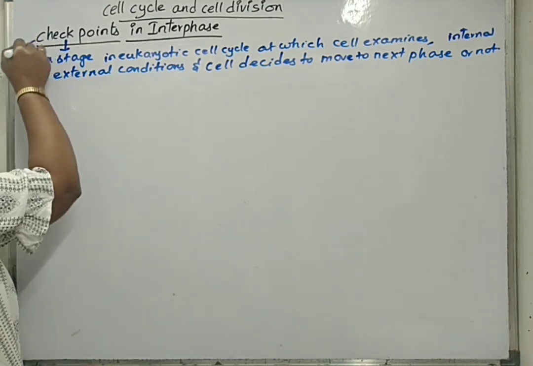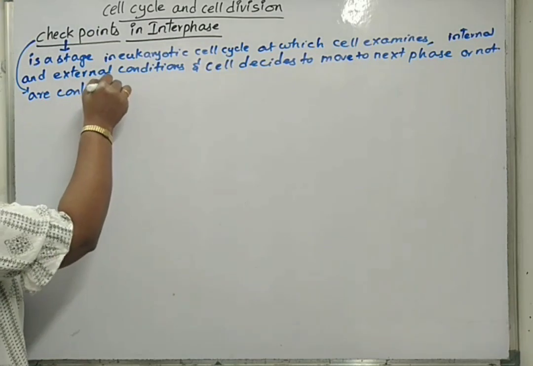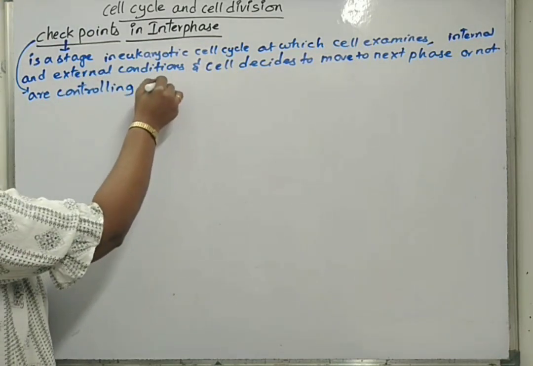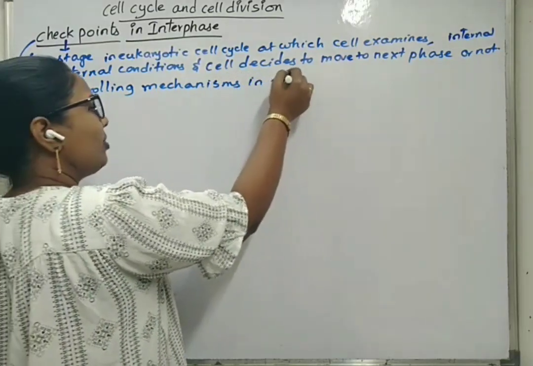We can also say checkpoints are controlling mechanisms in the eukaryotic cell cycle.